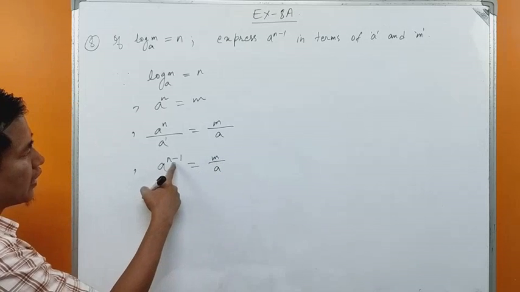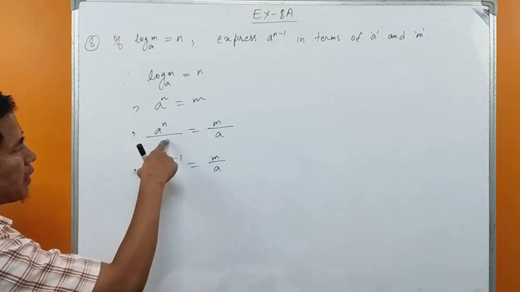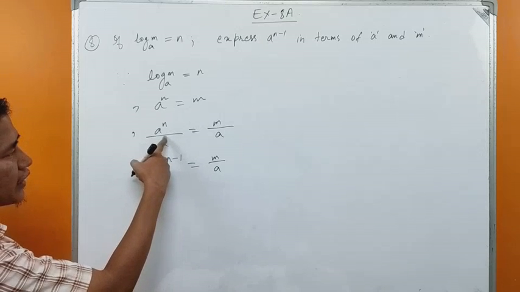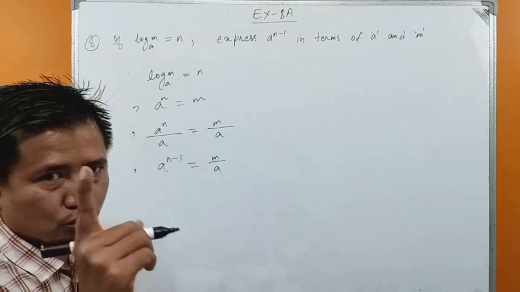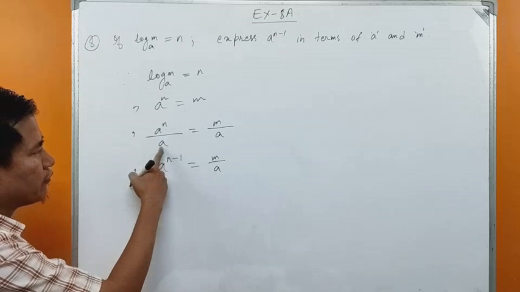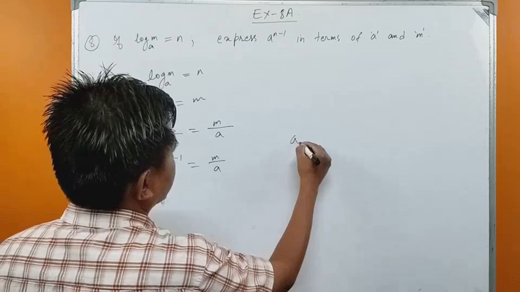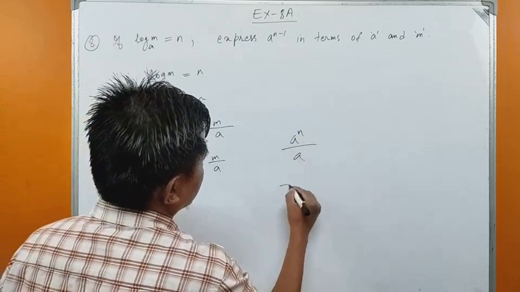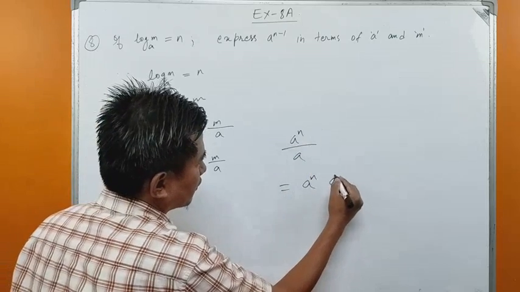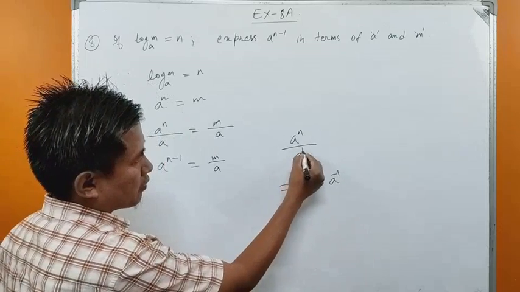So a to the power n upon a means the power of a is 1. We don't usually write 1, because if there is no power, we must understand the power is 1. When I take this a to the numerator, the sign of the power changes to minus 1, because this a has power plus 1.